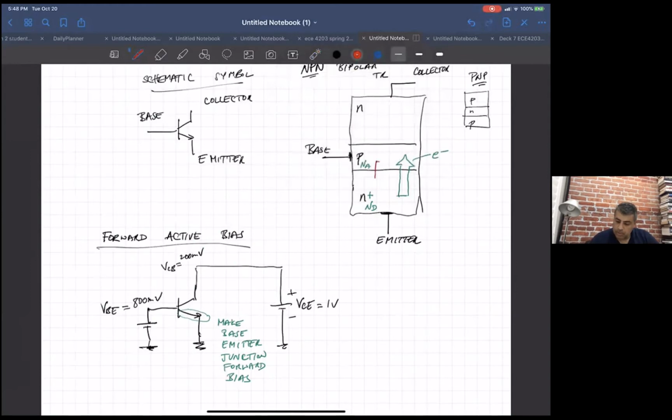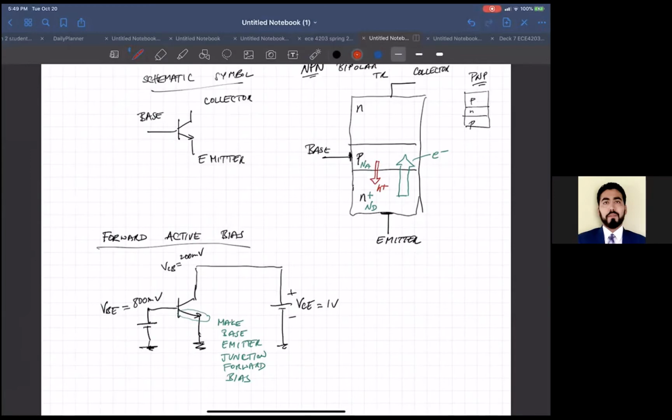But because the base acceptor concentration is much smaller than the emitter donor concentration, and we'll see the equations later today, I think, the current of the holes is going to be a lot less than the current from the electrons, just because of the difference in the doping concentration.